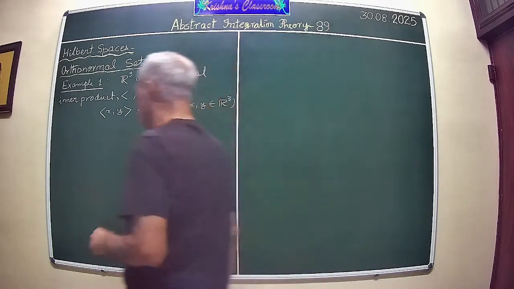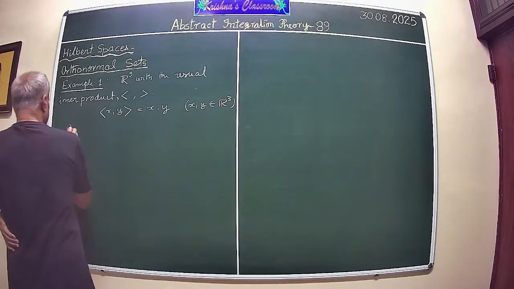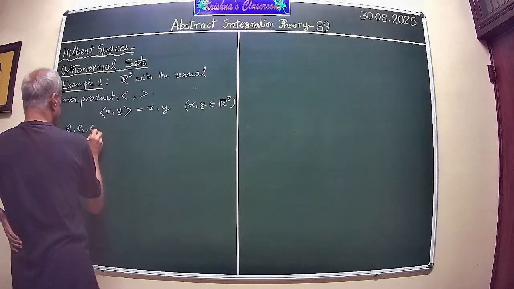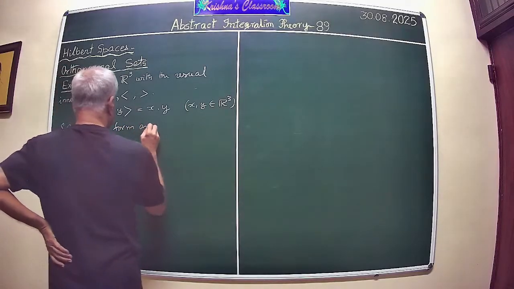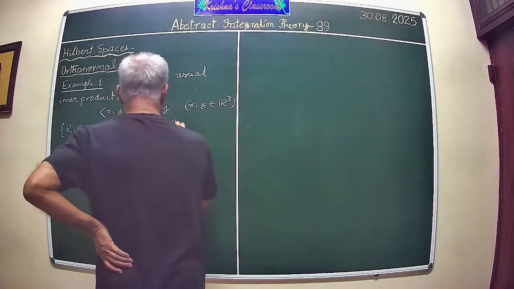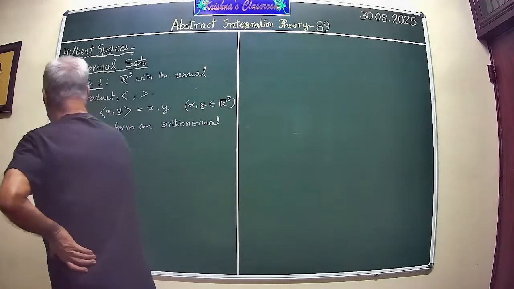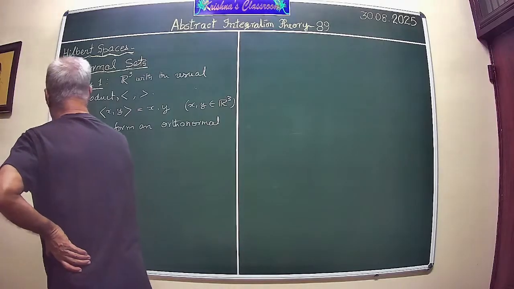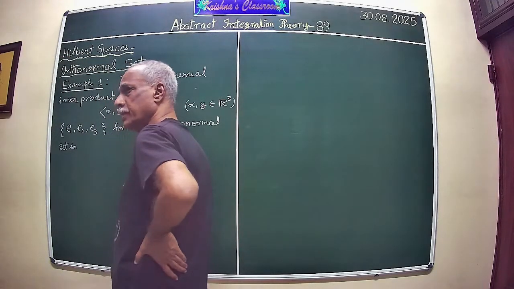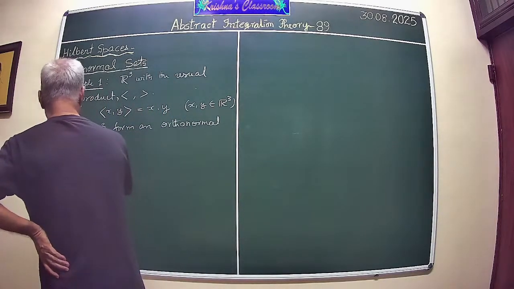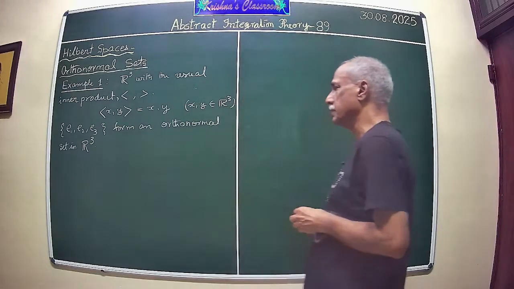Now let's just take an orthonormal set. We will consider E1, E2, E3, which form an orthonormal set in R3.